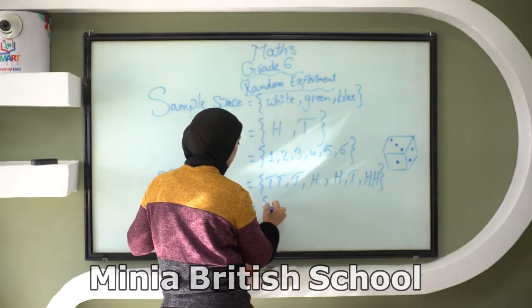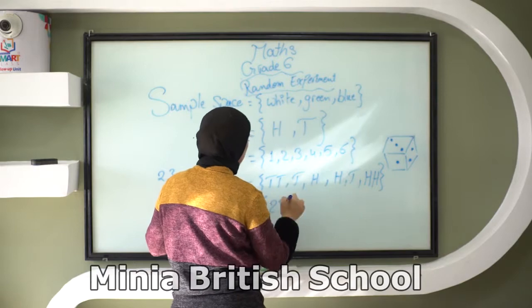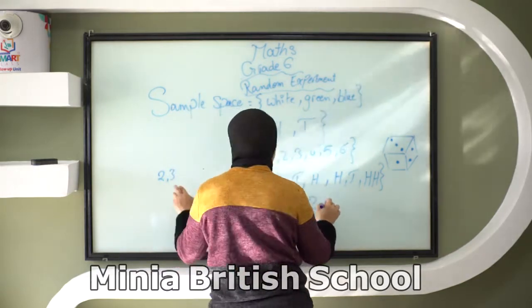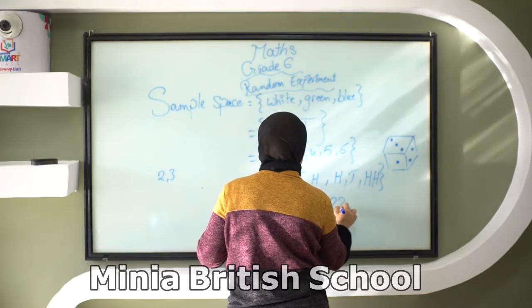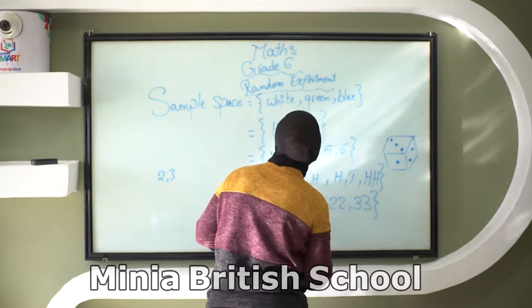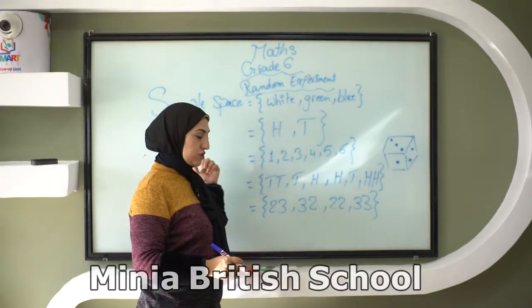It can be 23 or 32 or 22 or 33. These are all the possible outcomes from these two digits.